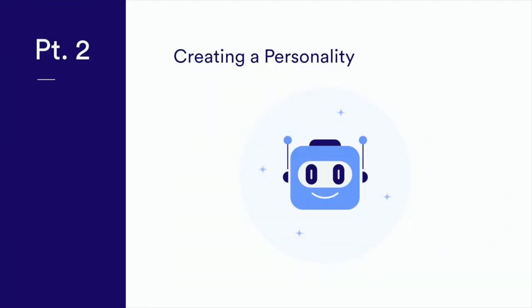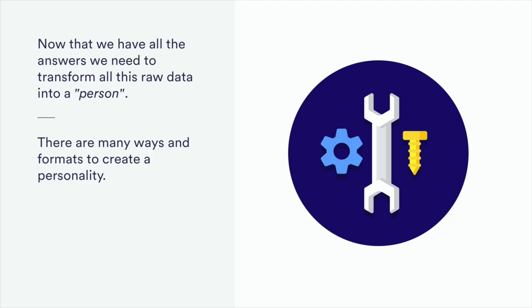Moving on to the second part, which is creating the personality. Now that we have all these questions, plus the business objectives that were defined before this process even began, we need to transform all this raw data into an actual, quote unquote, person. There are many ways and formats to create a personality.